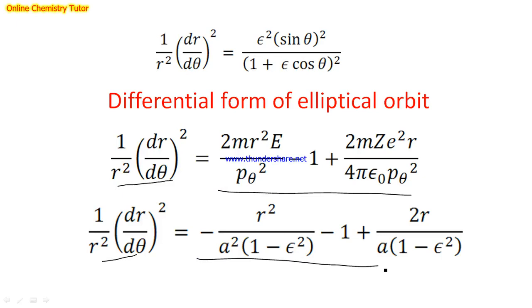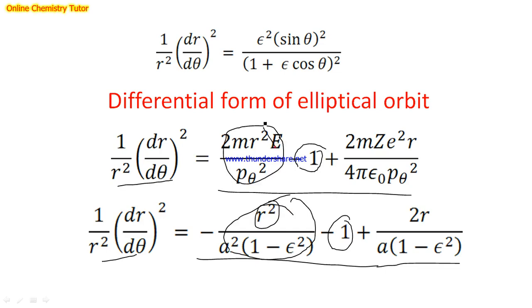We are comparing these two, taking out this one and this one, as both of them are r square and both of them contain r. So we equate these two.